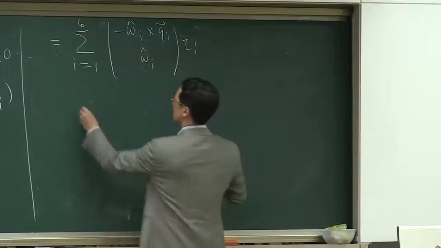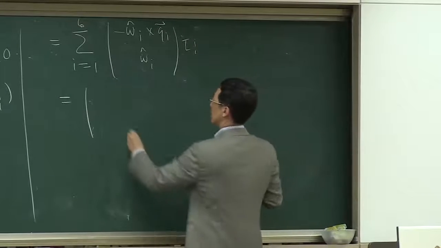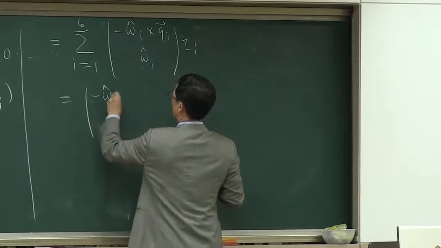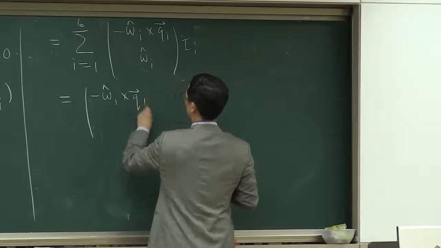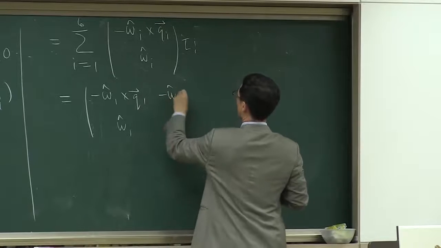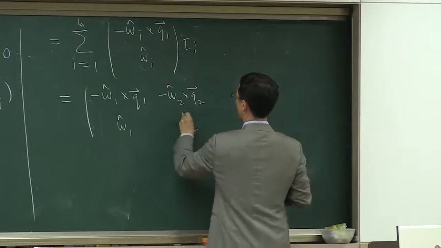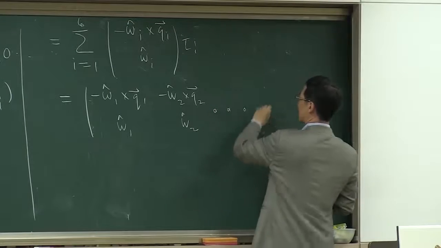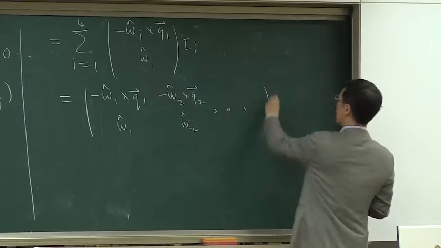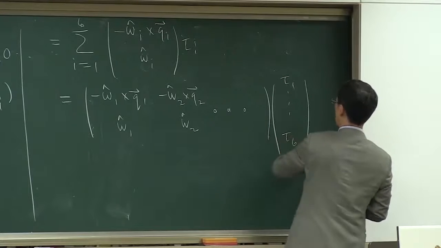Now this we can write as what? Minus omega 1 cross q1, omega 1, minus omega 2 cross q2, omega 2. And we have 6 of these columns times tau 1 up to tau 6.